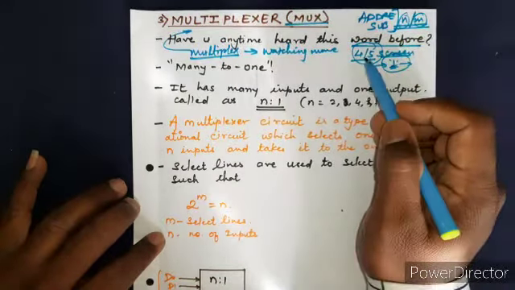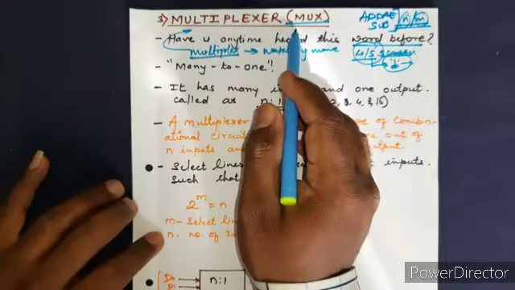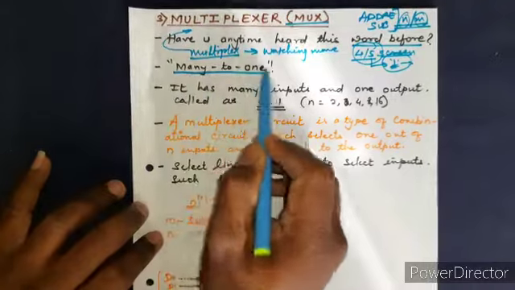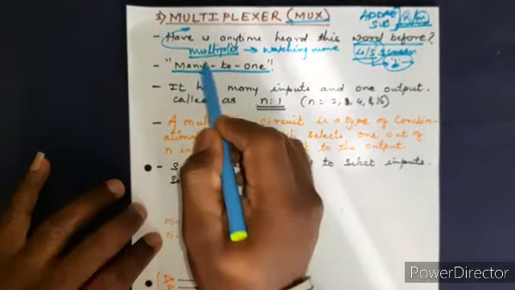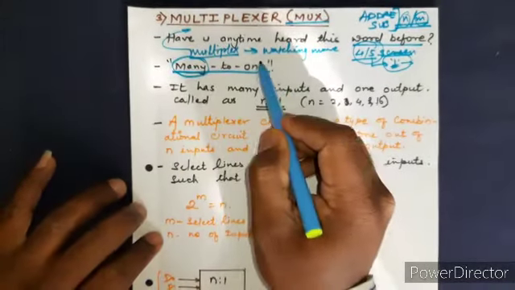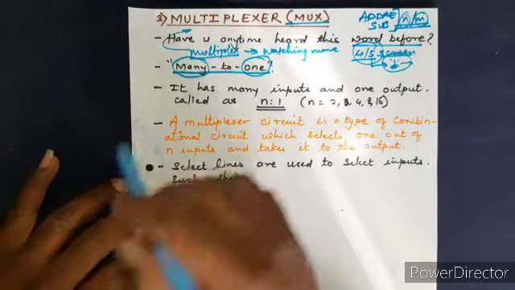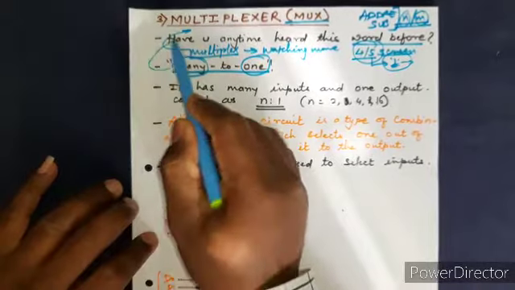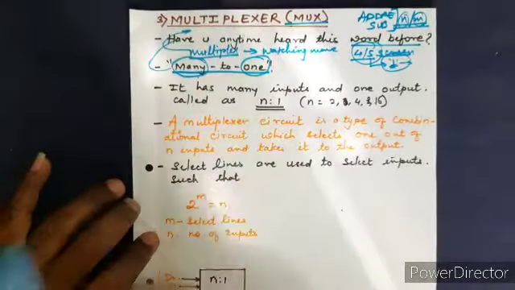So that is what a multiplexer is in digital concepts: many to one. You have many screens, and out of that you select one screen, right? So that is what this multiplexer is, many to one.